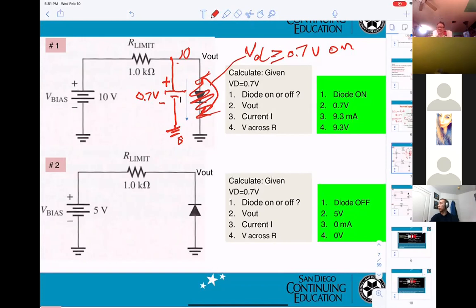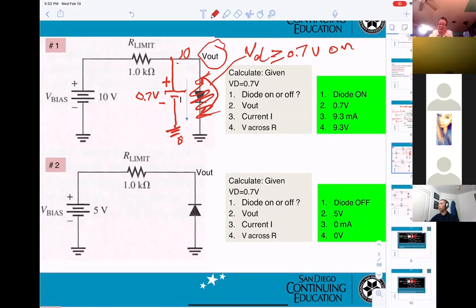Okay. And now if they want to say, okay, what is the voltage V out? What do you think the voltage V out is supposed to be? 10 minus 0.7. Come on. Oh, I'm sorry. V out is 0.7. When they ask for V out only, that means the voltage from V out to the root.